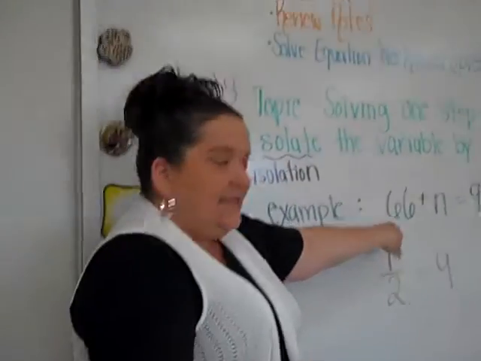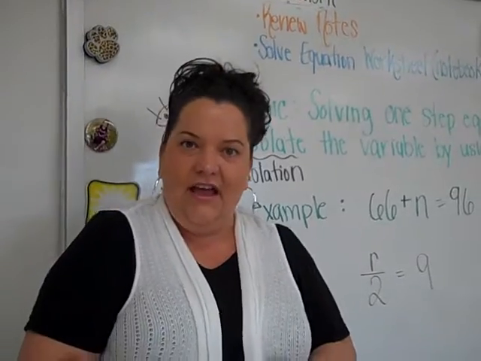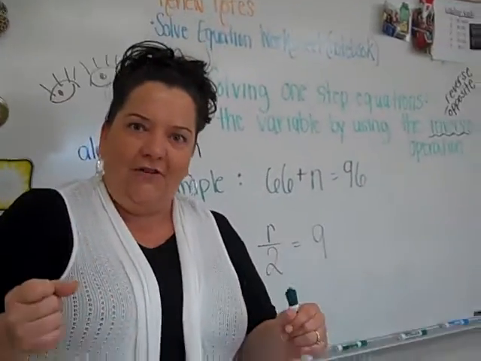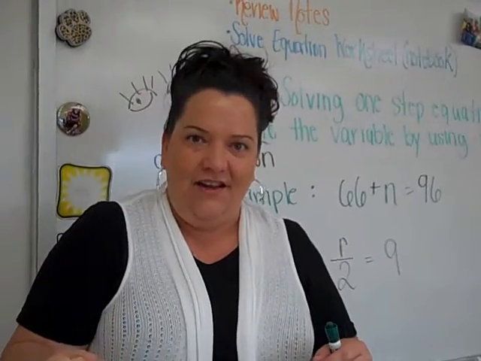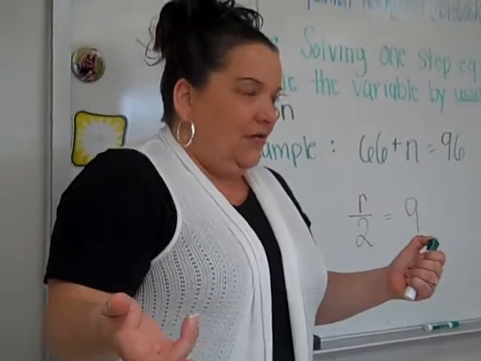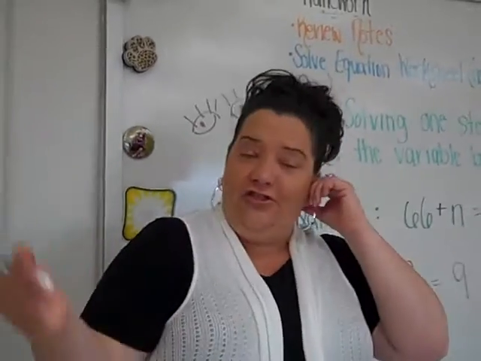Here we have 66 plus n equals 96. Now, a lot of you could use mental math and figure out exactly what that n equals. Does anyone want to shout it out? 30, sure, good job.